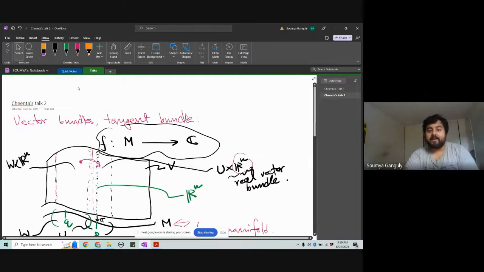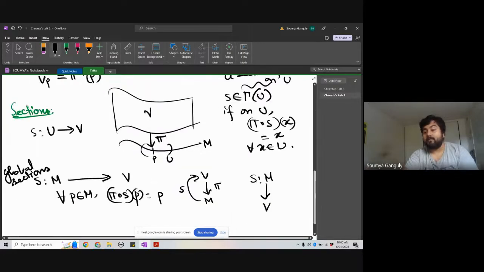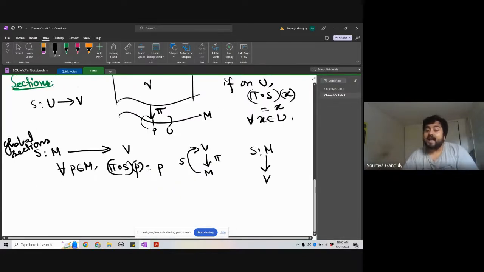Previously, we had a map from the manifold to the complex numbers, which is holomorphic, and we know that such functions become constant if the manifold is compact. However, even if M is compact, you can have a map which is like a section, not a holomorphic function.